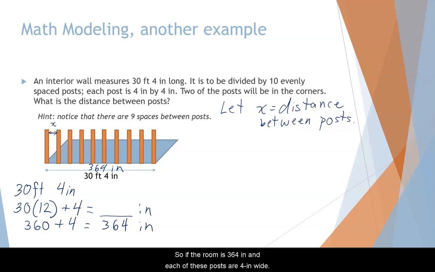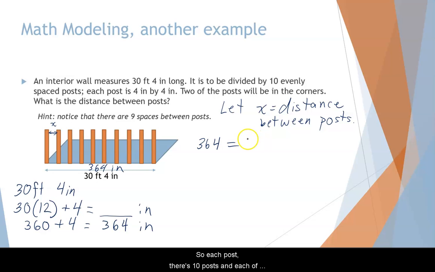So if the room is 364 inches and each of these posts are 4 inches wide, and there's x inches of space between each one of them, let's set this up into an equation. I know that the total length of my room, 364 inches, should equal, you know what, I'm not going to include units yet. 364 inches should equal the combined width of the posts plus all of the spaces in between.